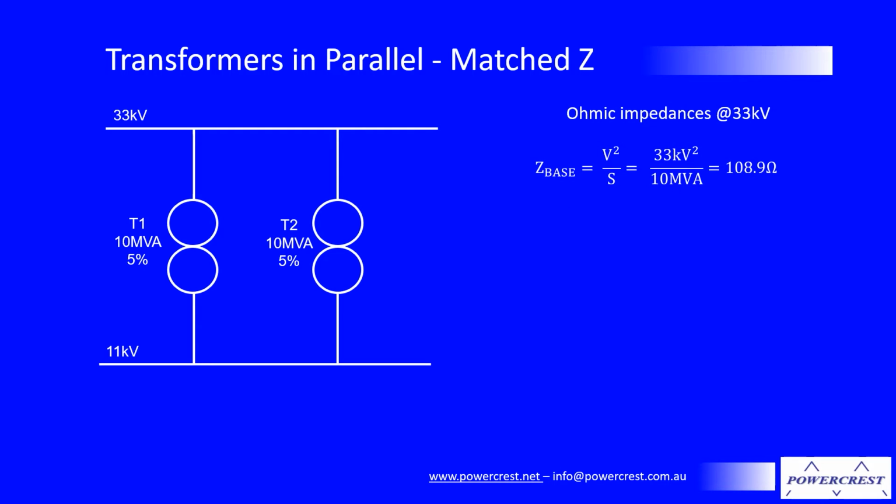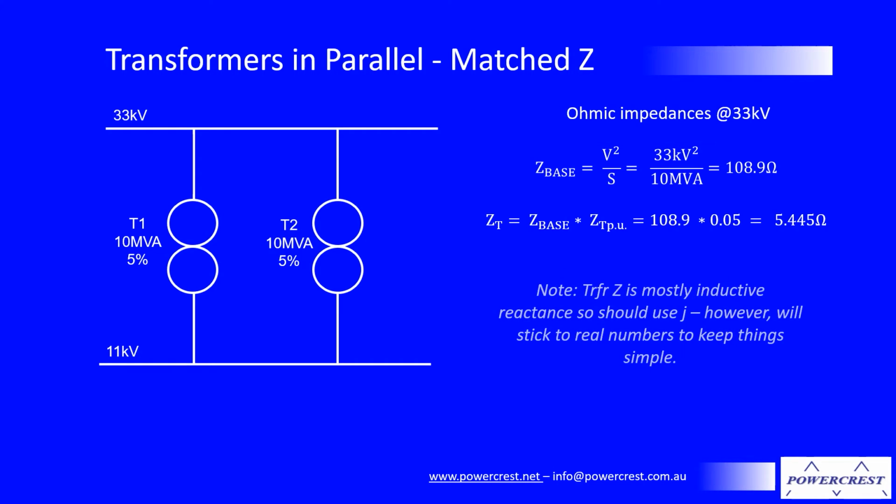So we use the formula Z base is the voltage squared over the MVA, and we get that the Z base for these two transformers is 108.9 ohms. So the transformer impedance, or the ohmic impedance, is Z base times Z per unit, which is 108.9 times 0.05, which is equal to 5.445 ohms.